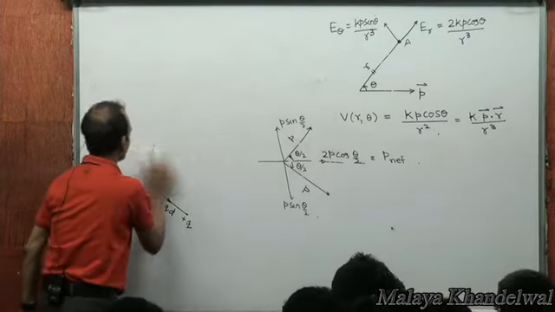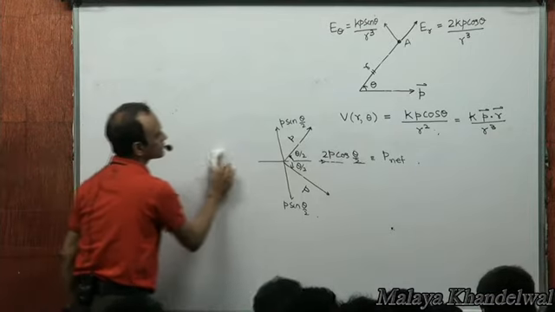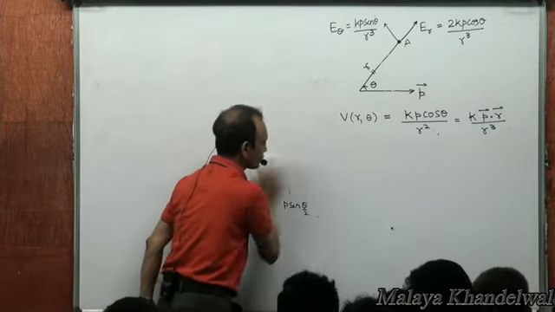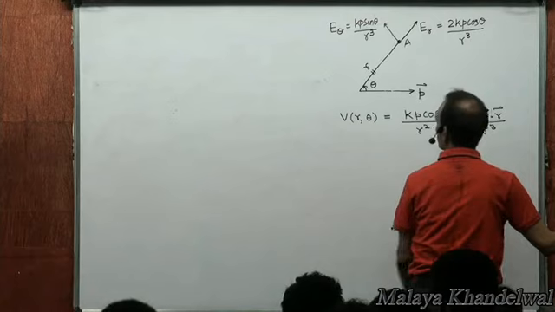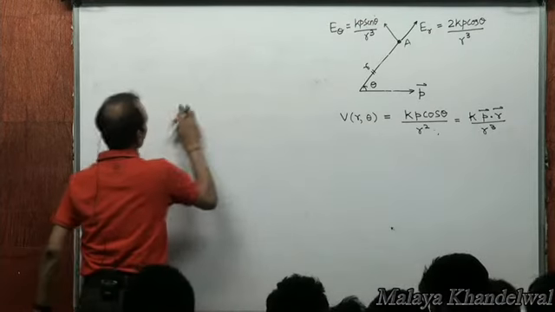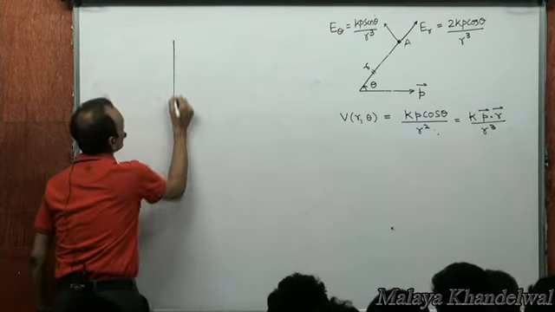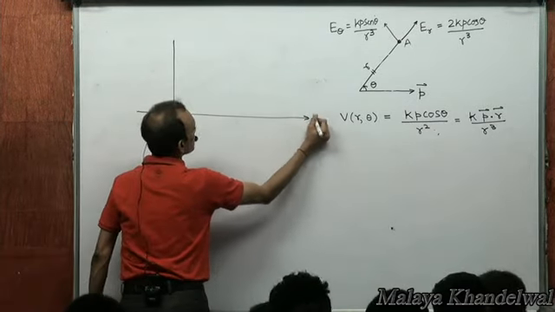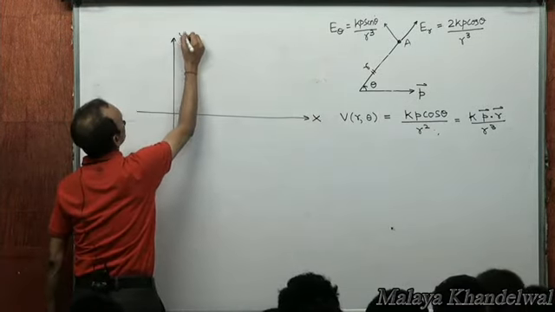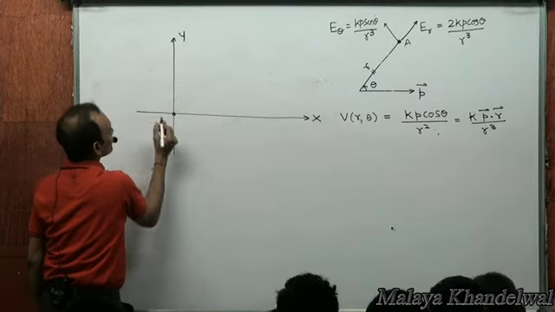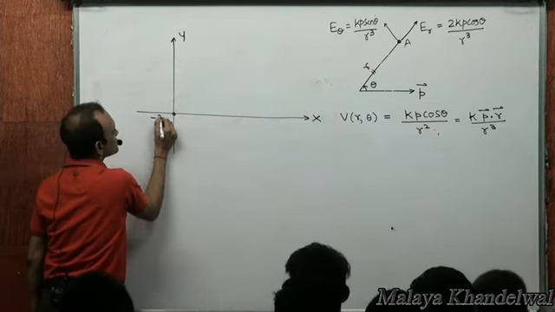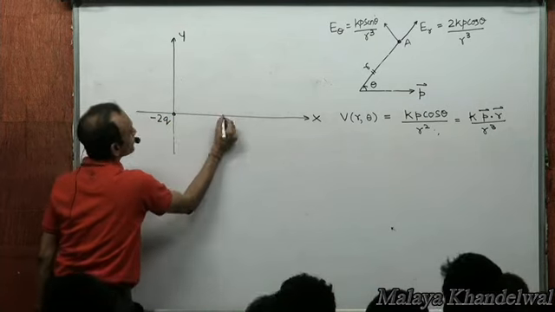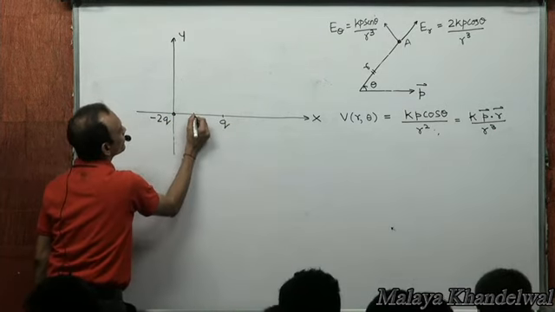Again, let me give you another example. Say this is the x-axis, this is the y-axis. There is, say, minus 2q here. There is plus q here.